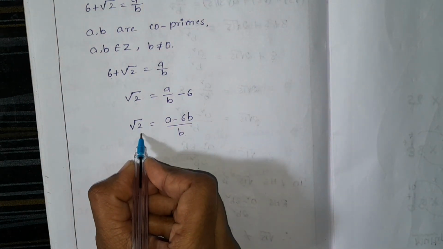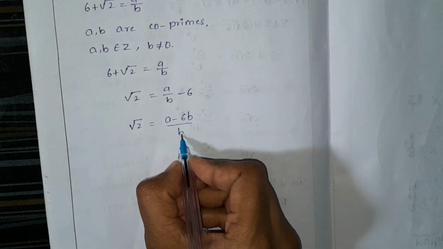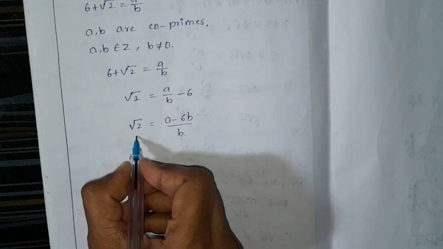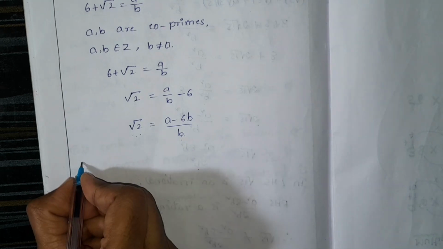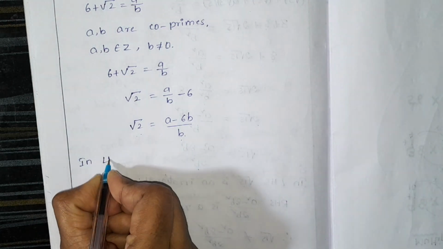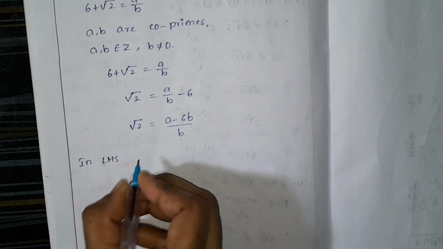Here, root 2 is an irrational number, and a by b or p by q is a rational number.